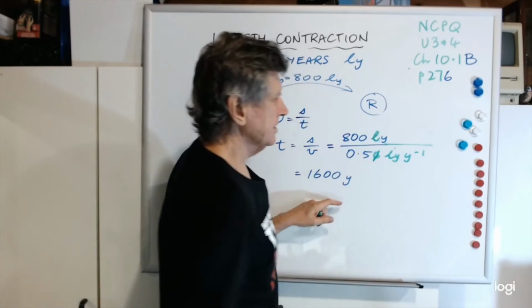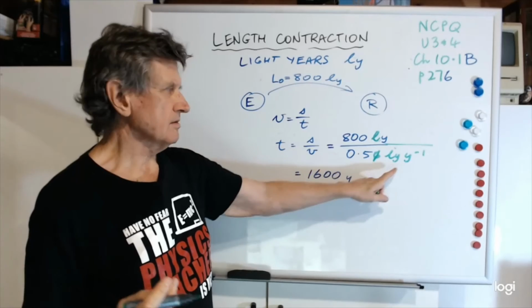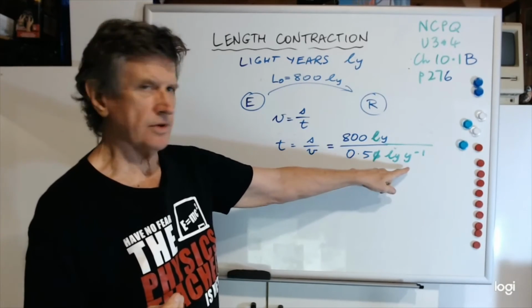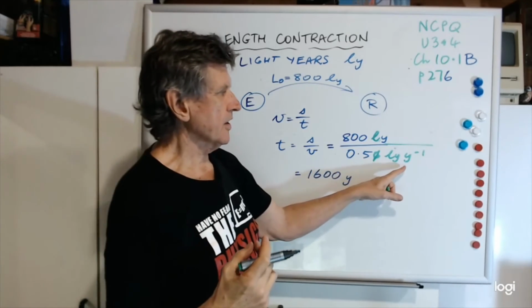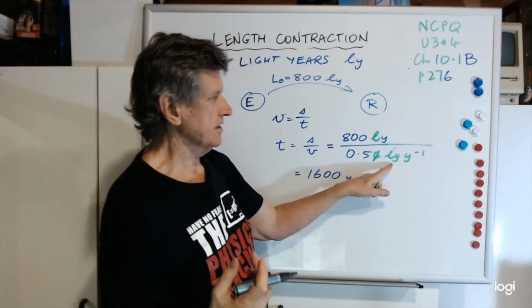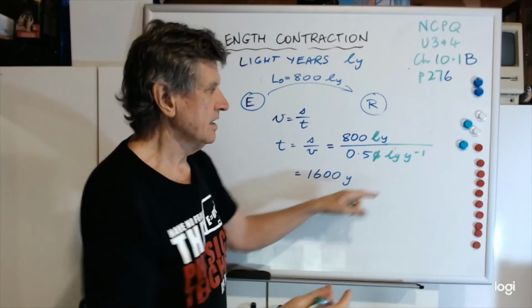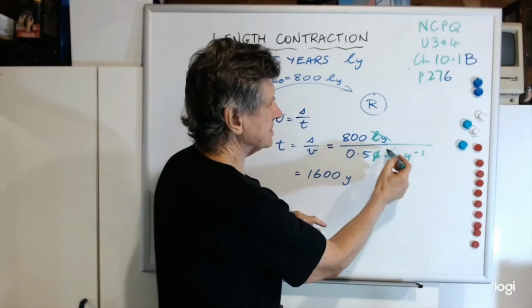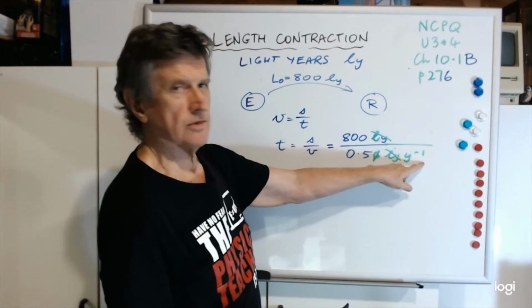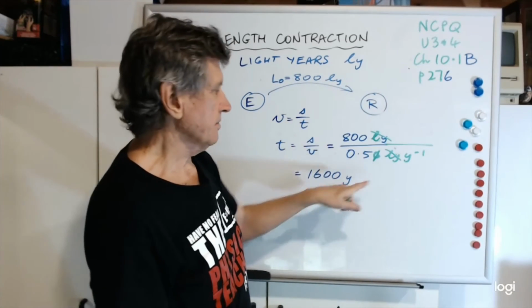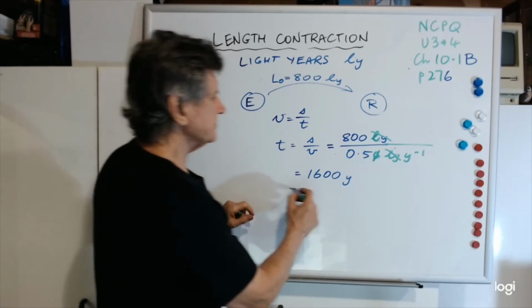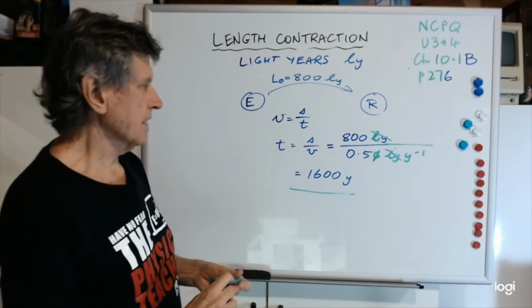Okay, so that's all c stands for, light years per year. So in other words, light will travel in 1 year a distance of 1 light year. Now you can see these two things cancel out, and you're left with years to the minus 1, which you take to the top and it becomes years. So that's how you do that.